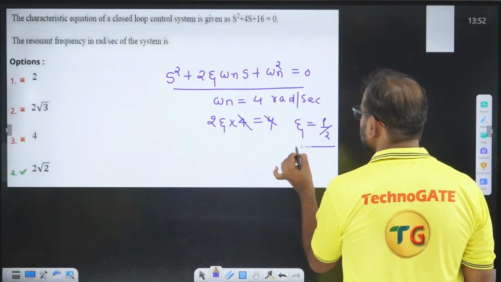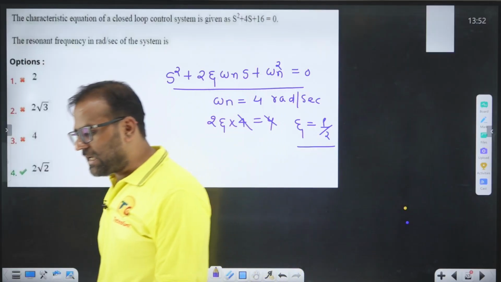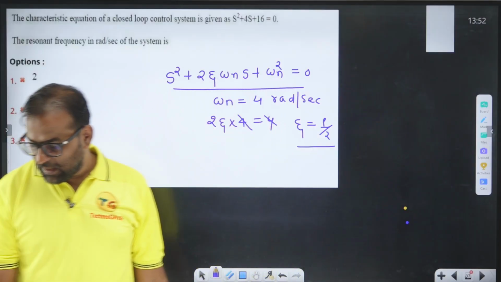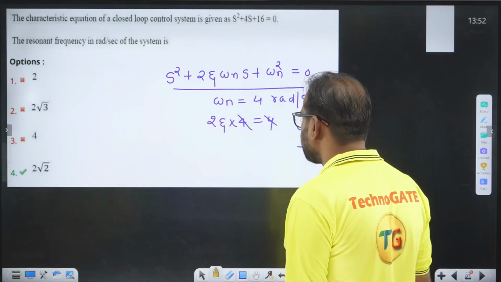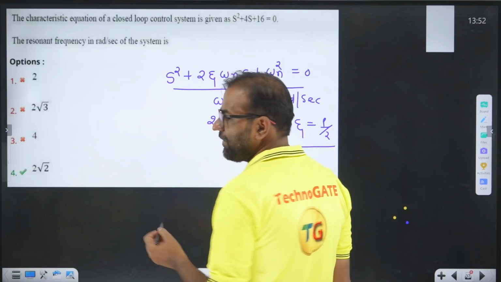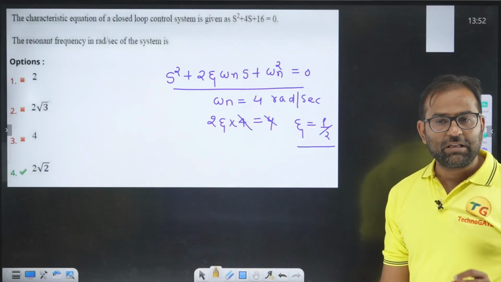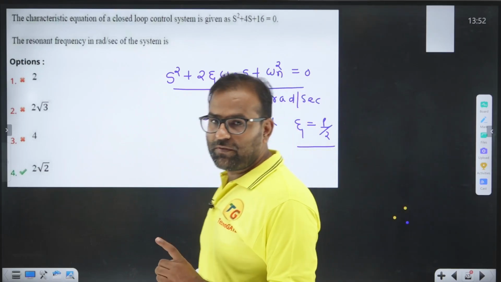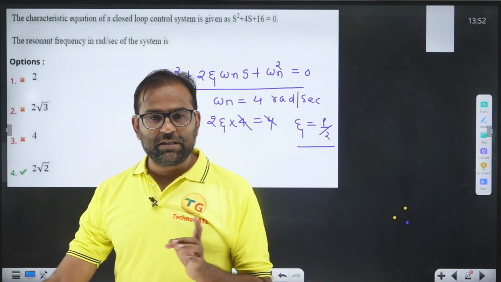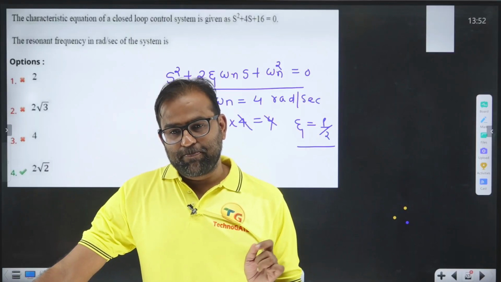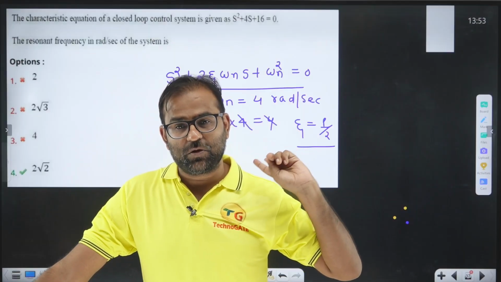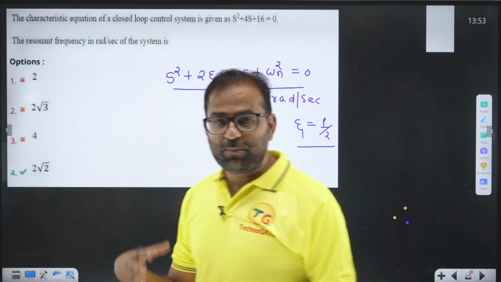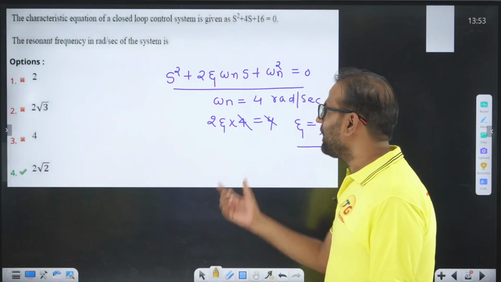Zeta represents an underdamped system, correct? Now we are interested in calculating the resonant frequency. Always remember, there is one frequency which is known as the damping frequency. Damping frequency is the time domain response of the control system, while this is the steady state response of the control system. When your input is a sinusoidal input, then we calculate the resonant frequency.